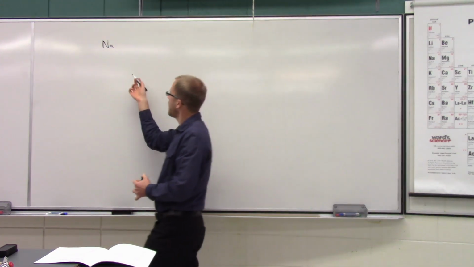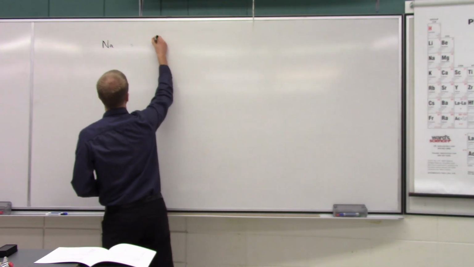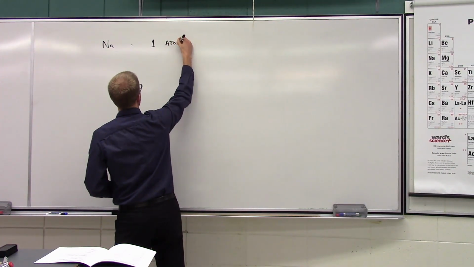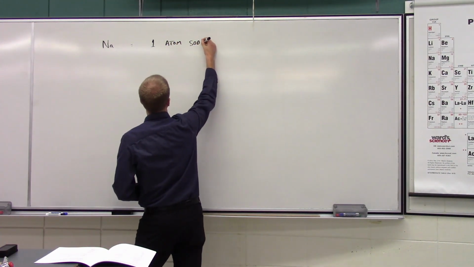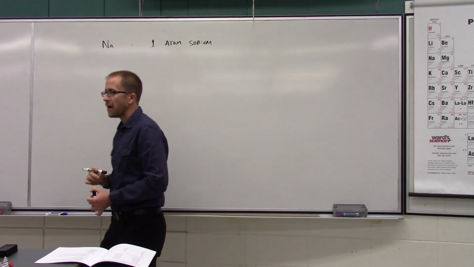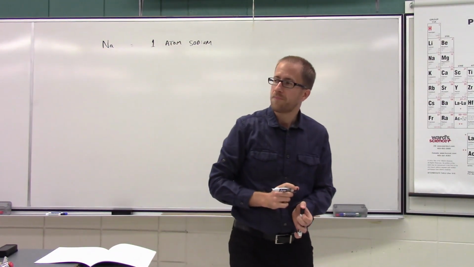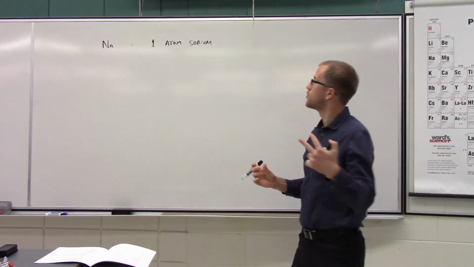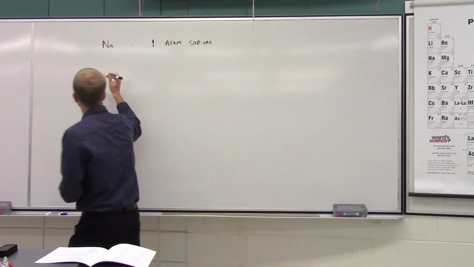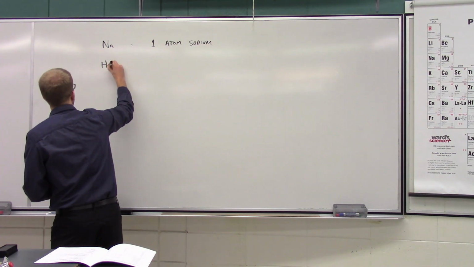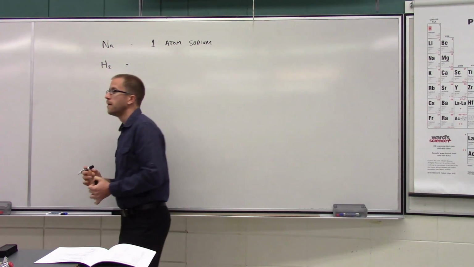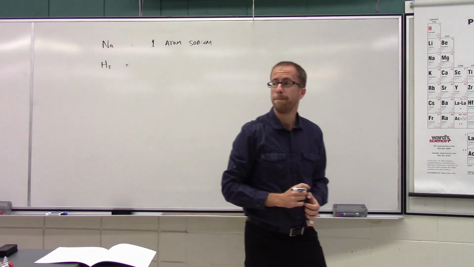So if you see just Na, that is going to be one atom of sodium. Now, if I put a subscript there, for example, if I put for hydrogen a 2, that 2 tells us what?